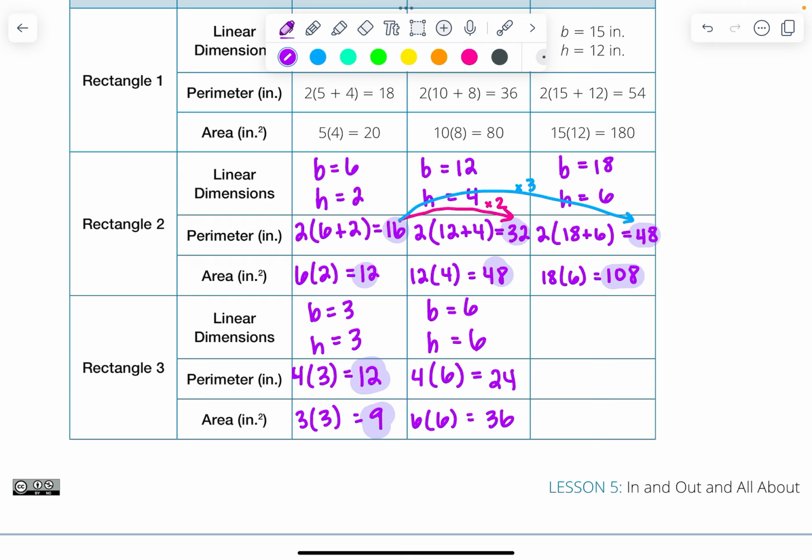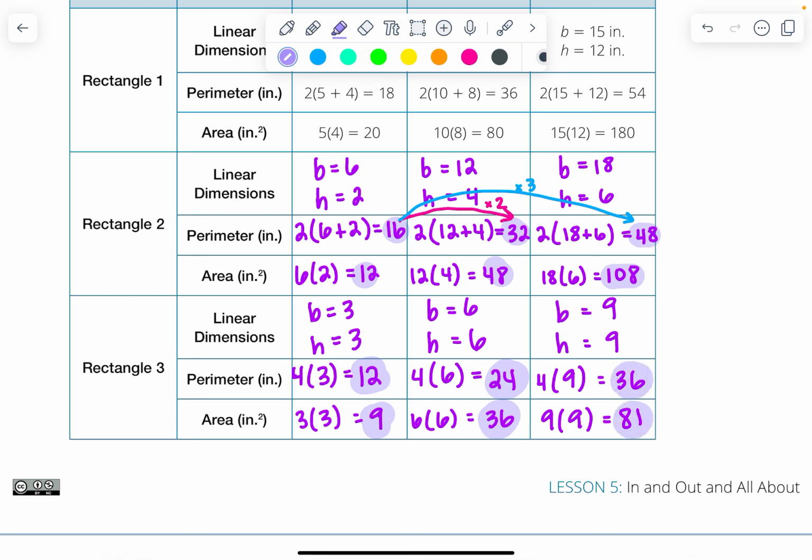Now, if we triple, 3 times 3 would be 9. For the perimeter, we would just multiply 9 by 4 since a square has 4 equal sides. And the area would be 9 times 9, which is 81.